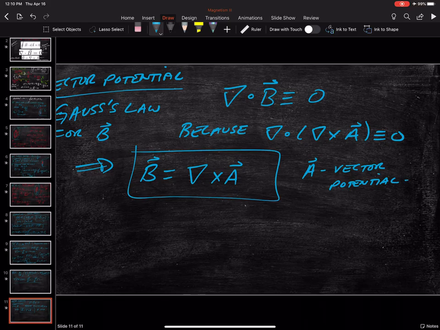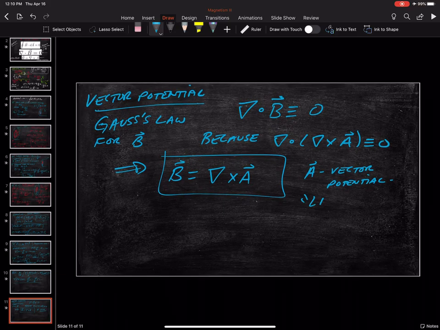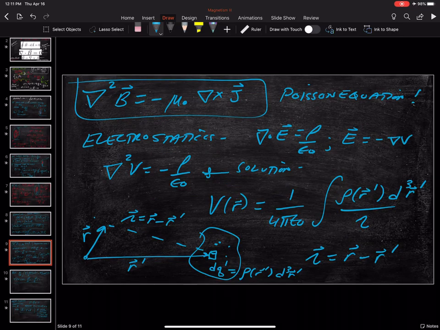And as we'll see, it's like the voltage for magnetism. It's very much like the V here. The V for electricity is like the A for magnetism.